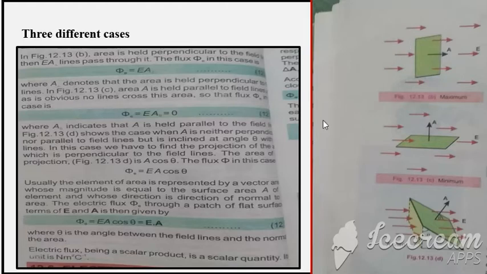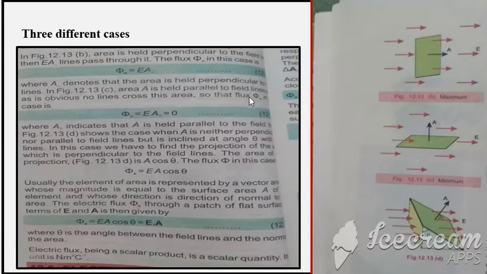Now consider the other case, which is given in figure 12.13c. In this case you will see that the area is placed parallel to the electric field lines. Look at the green portion. This area is held parallel to the direction of electric field lines.